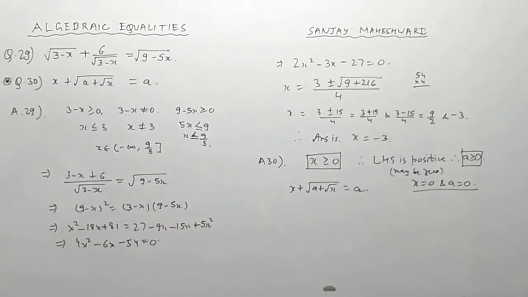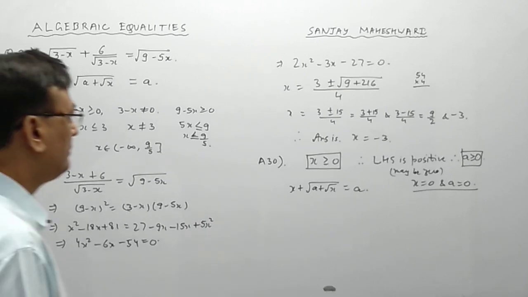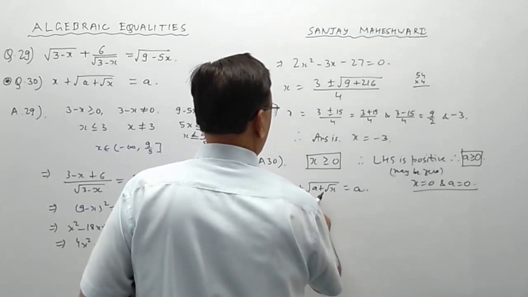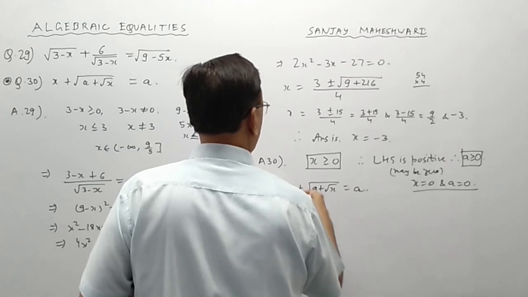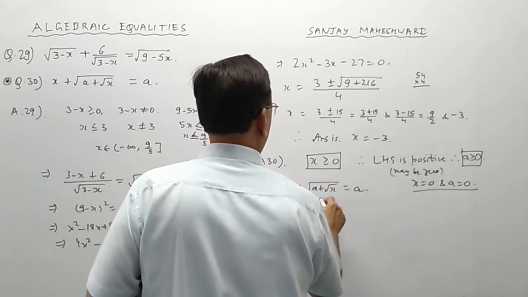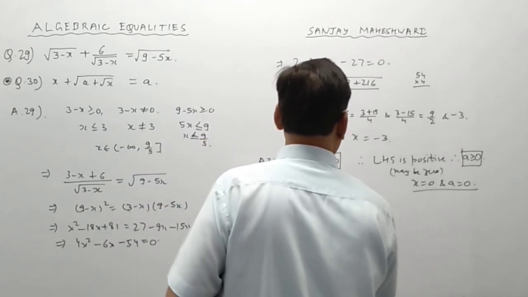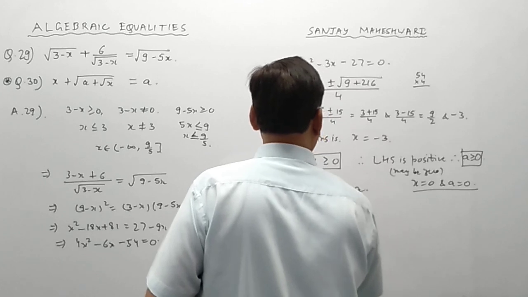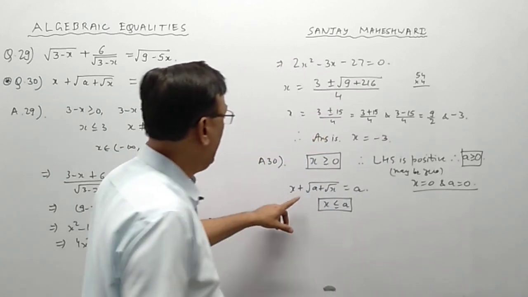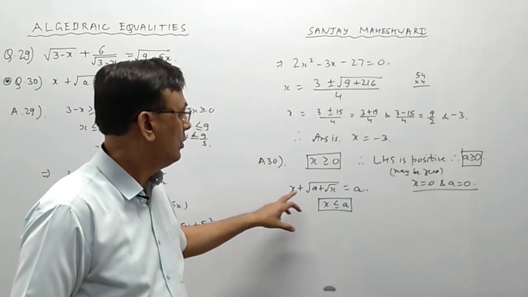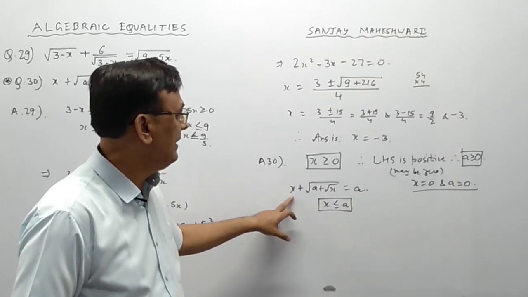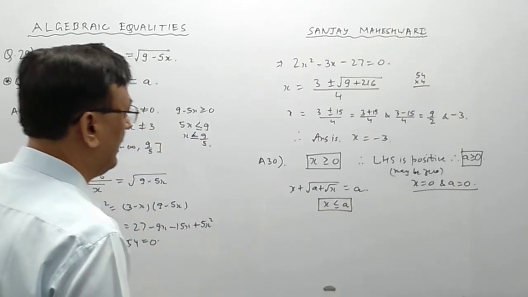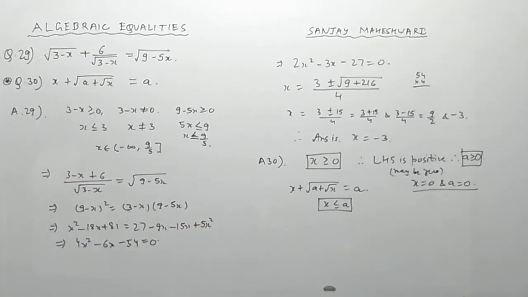So you can see here that x is less than or equal to a, because x plus something is equal to a. If this part is 0, then x equal to a, otherwise x is always less than or equal to a. That is the third condition we are seeing.